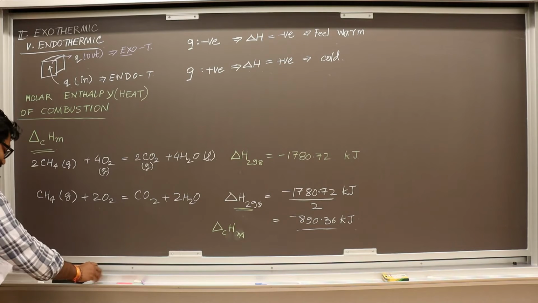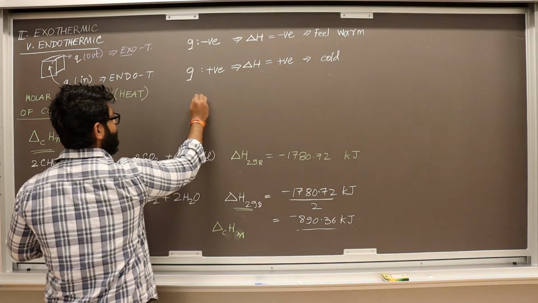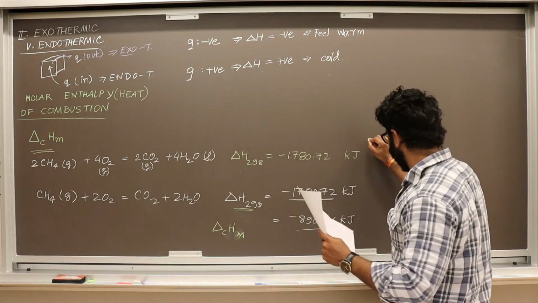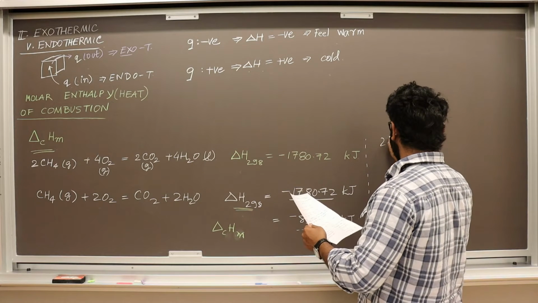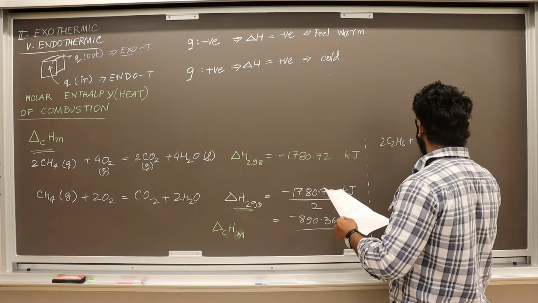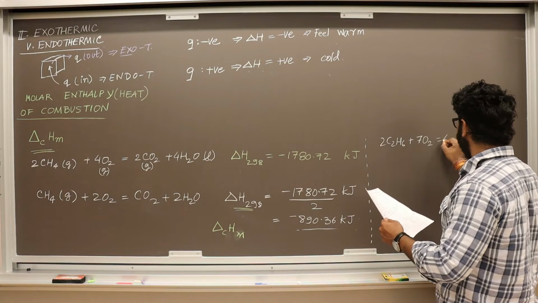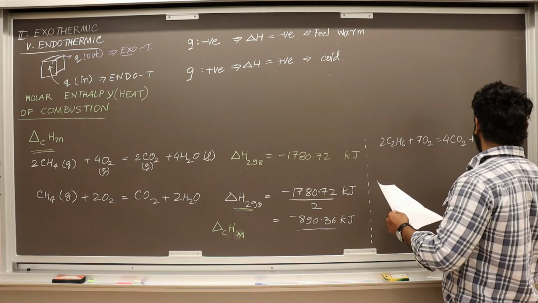Okay, so you can have the burning of ethane. So I'll just write it here. You can have 2C2H6. This is ethane. You burn it in oxygen, you're getting 4 CO2 plus 6 H2O.